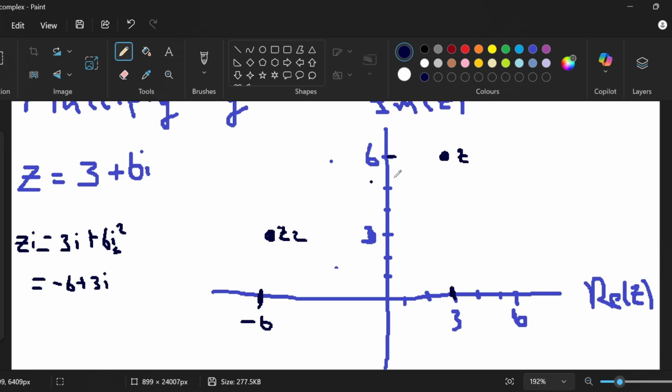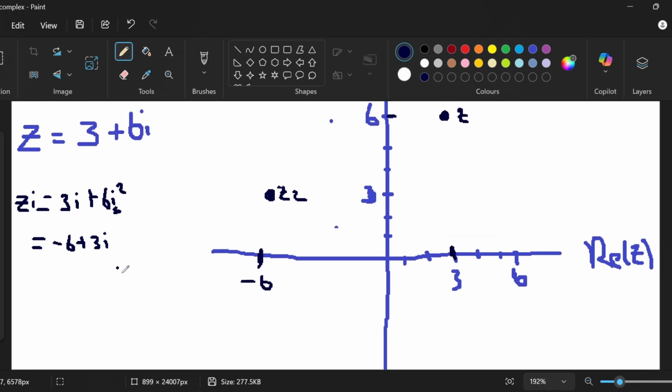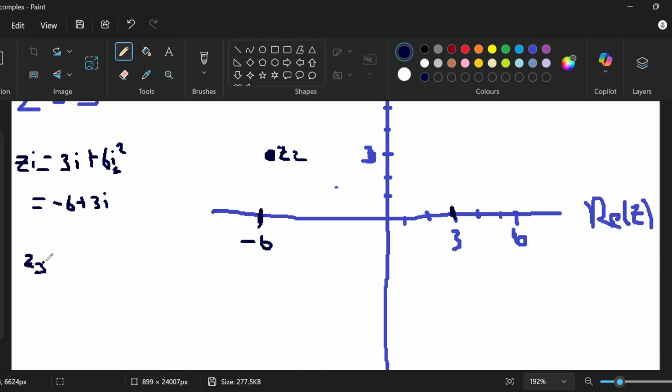It's hard to see the correlation now, but let's do another one. Let's multiply this by i again. So it's like I'm multiplying by i squared. So z3 is going to be i times minus 6 is minus 6i, plus 3i times i, 3i squared.